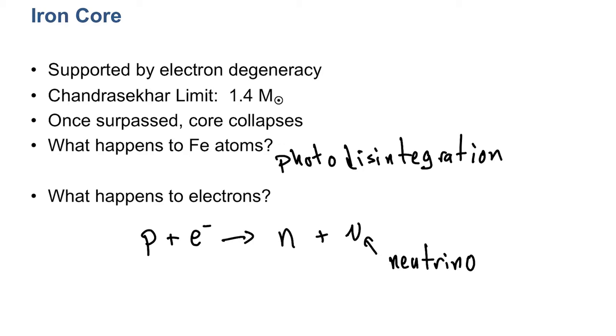So you've got a lot of protons. All of these iron atoms have been photodisintegrated down into their protons. Those protons will combine with electrons to make neutrons and neutrinos, and basically all of the electrons will be turned into neutrons and neutrinos.